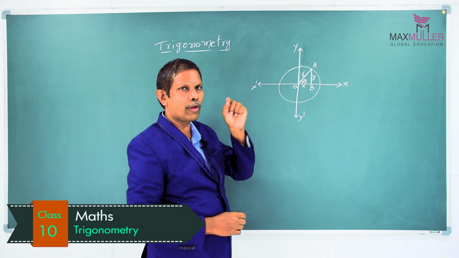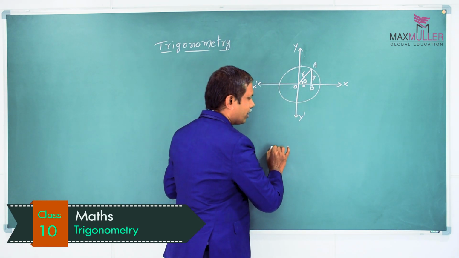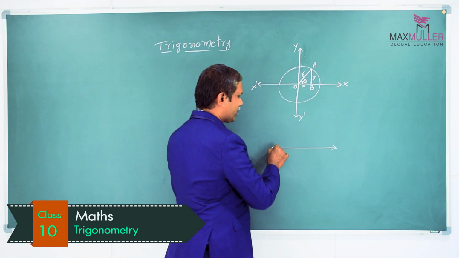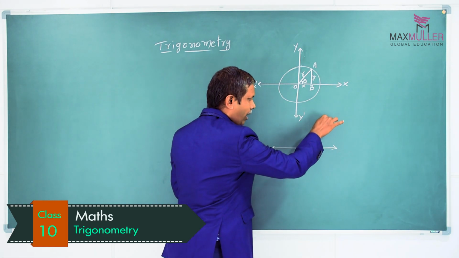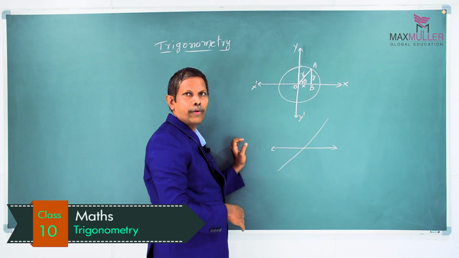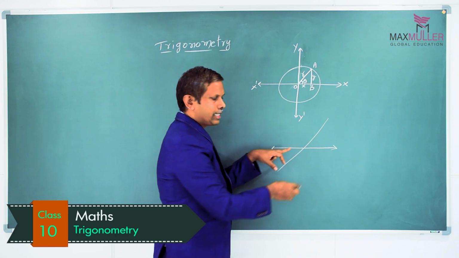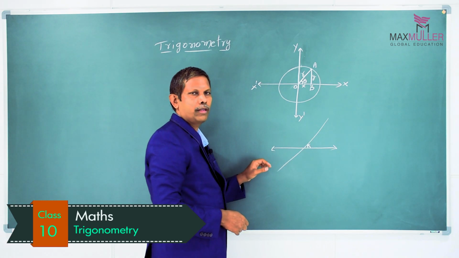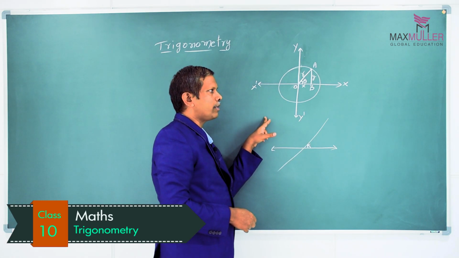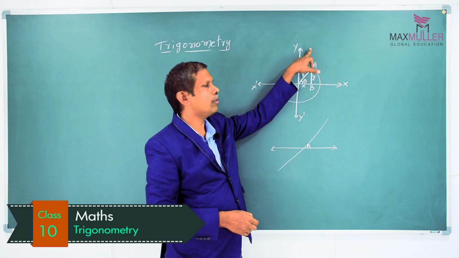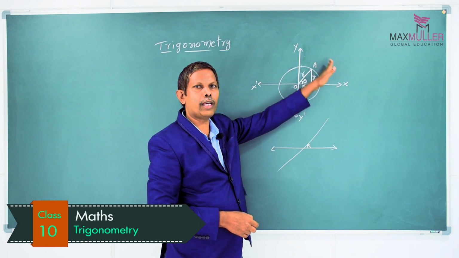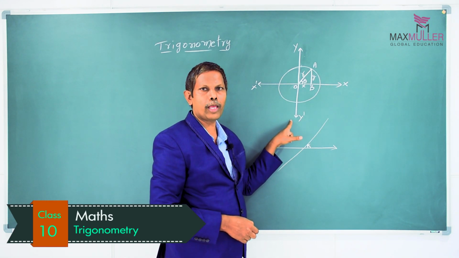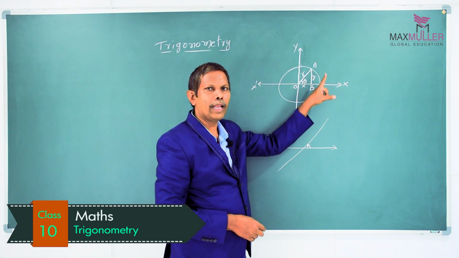Here, if a line touches the x-axis, the angle it makes is in the positive direction. Positive x-axis to positive y-axis we take as the positive direction, and positive x-axis to negative y-axis as the negative direction.